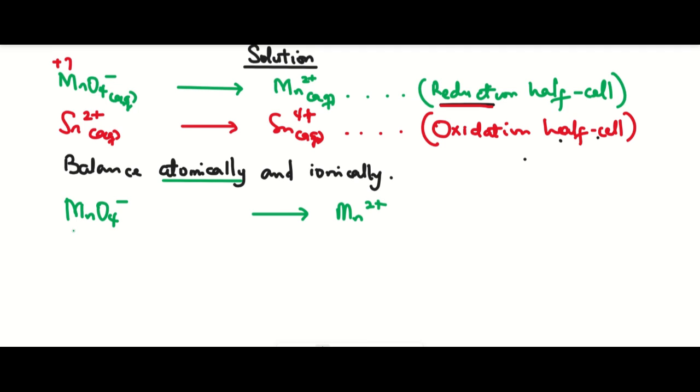Balancing atomically means to ensure that the same elements appear both at the reactant side and at the product side. Aside from that, to ensure that the number of atoms of those elements are equal for both the reactant side and product side.